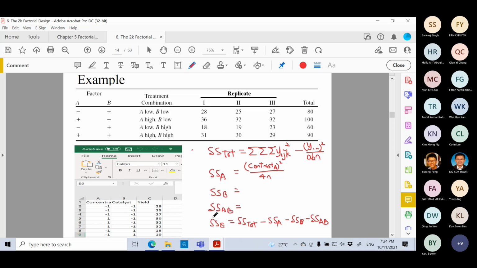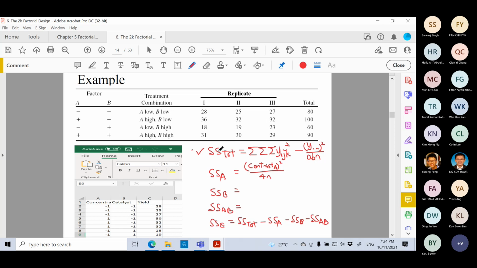Therefore, the formula will be uncertain. So we are not going to memorize the SSE formula for this design. You just need to know the sum of square for total, and then you can calculate the sum of square for the remaining ones. Then you can finally get the sum of square for error.